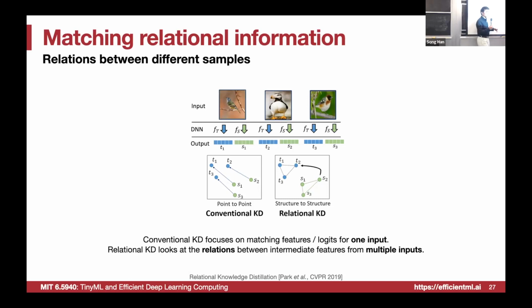But we can define another similarity between the relationship among S1 to 3 and teacher 1 to 3. They may be just shifted a little bit, but they both form very similar relationships with each other. So this is the difference between conventional knowledge distillation and relational knowledge distillation. They try to look at the relations between intermediate features among multiple inputs.